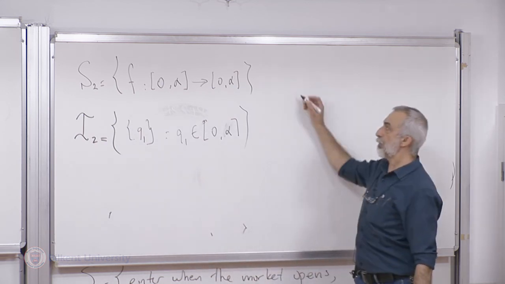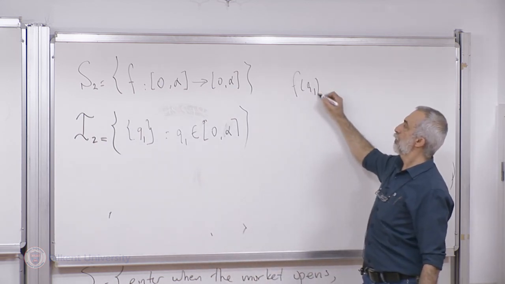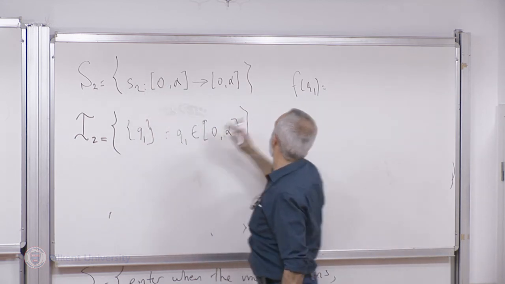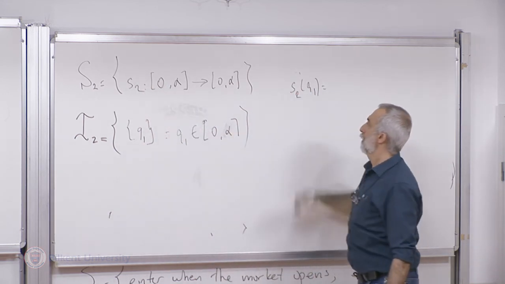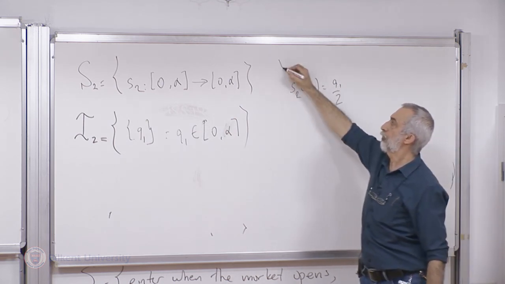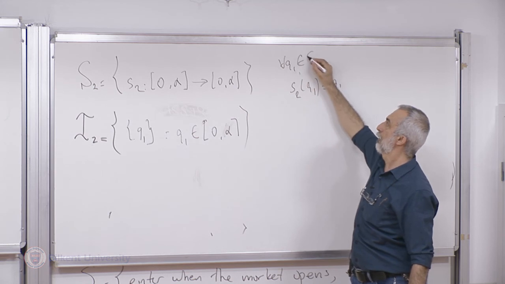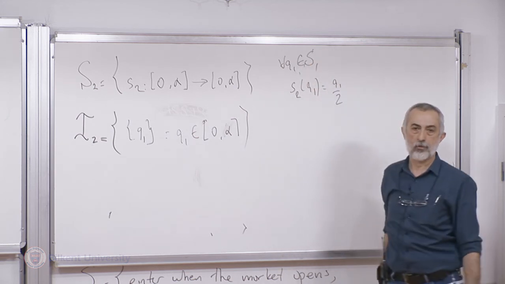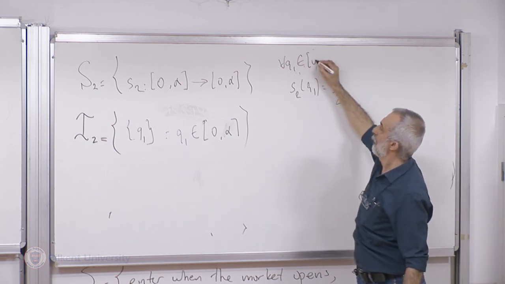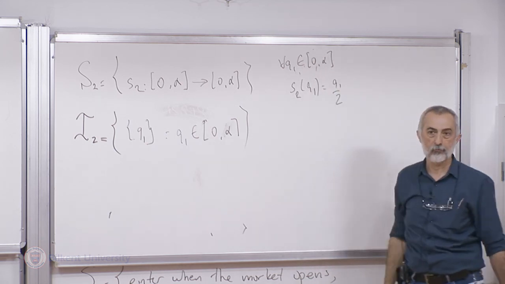For example, a simple strategy of player 2 could be, actually let me put S2 here. S2 would be, for example, Q1 over 2 for any Q1 in 0 alpha. I should write 0 alpha, not S1, I'm sorry.